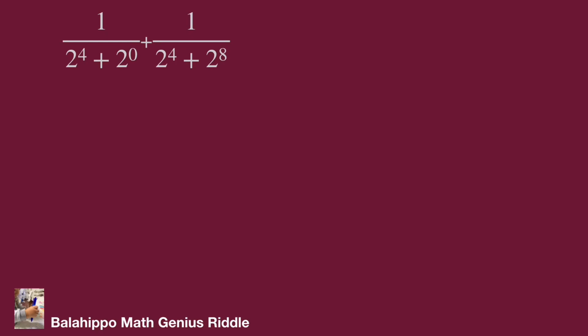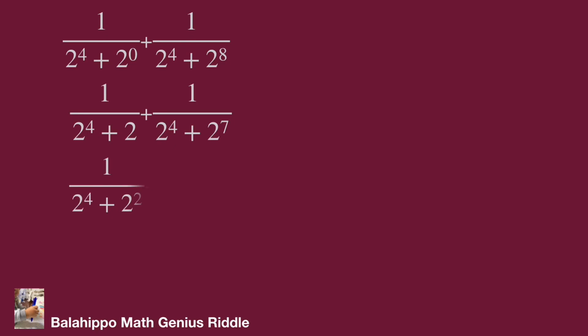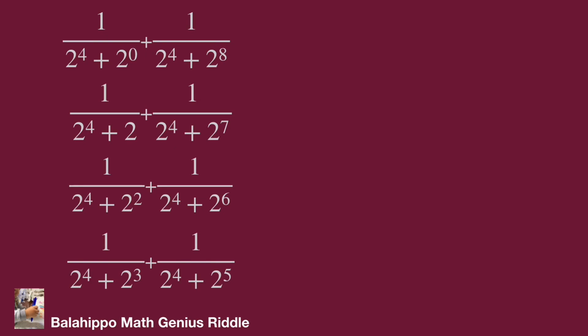That is 1 over 2 power 4 plus 2 power 0, plus 1 over 2 power 4 plus 2 power 8; 1 over 2 power 4 plus 2, plus 1 over 2 power 4 plus 2 power 7; 1 over 2 power 4 plus 2 squared, plus 1 over 2 power 4 plus 2 power 6; 1 over 2 power 4 plus 2 cubed, plus 1 over 2 power 4 plus 2 power 5. Then leave the single item 1 over 2 power 4 plus 2 power 4.